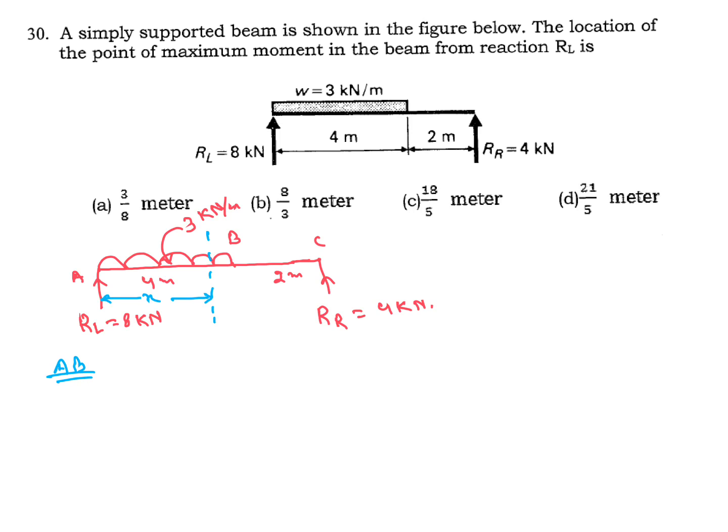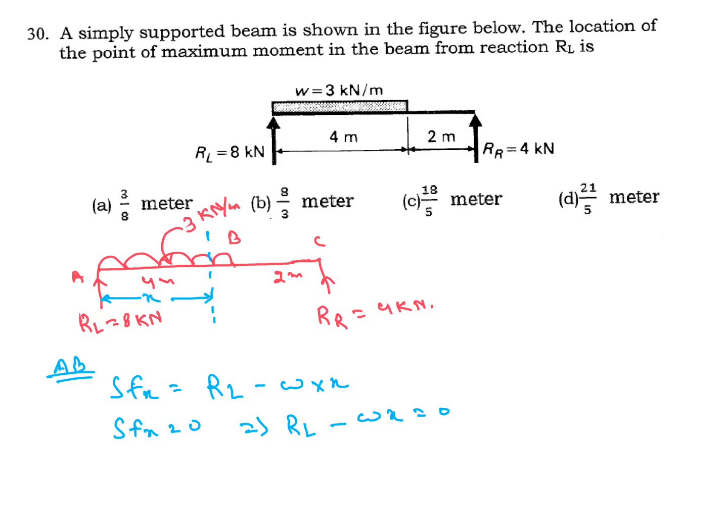Shear force at x is RL minus omega. Omega equal to 3 kilonewton per meter. Omega into x. So for SFx equal to 0, you put RL minus omega x equal to 0.